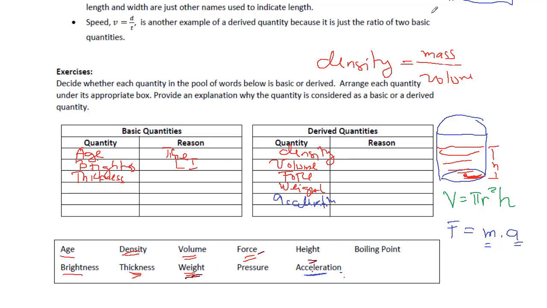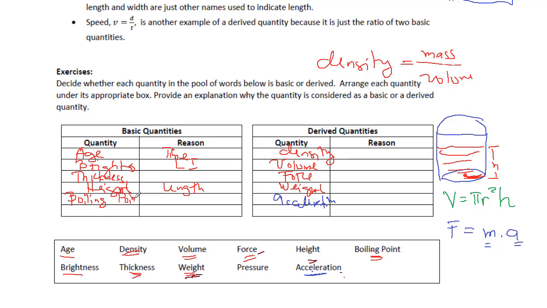Height, clearly height is a basic quantity. And boiling point, this is length, right? Well no, boiling point is just temperature. Boiling point, for example, of water is 100 degrees Celsius, or 212 degrees Fahrenheit, or 373.15 Kelvin.